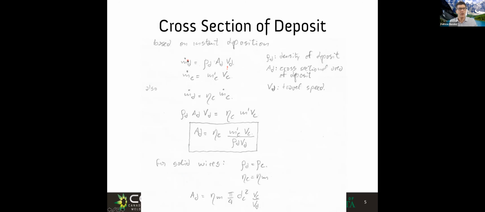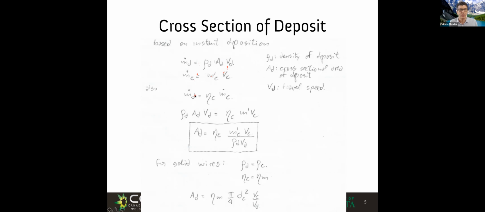So this is how much mass is in the deposit. And for the consumable, we also talked about how the amount of consumable we burn is the linear density of the consumable times the wire feed speed.